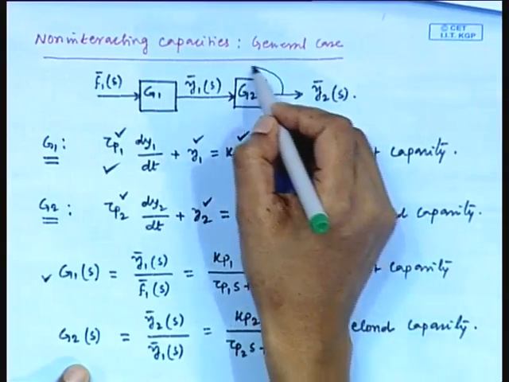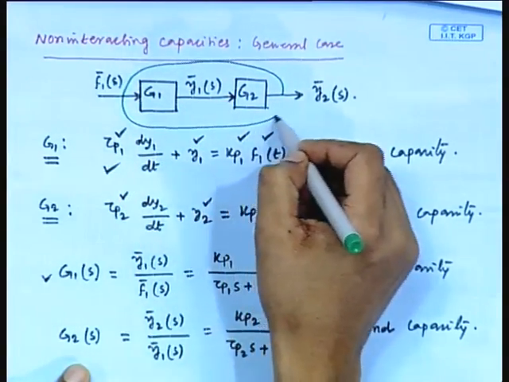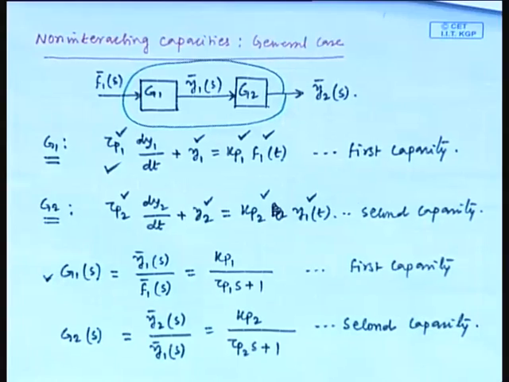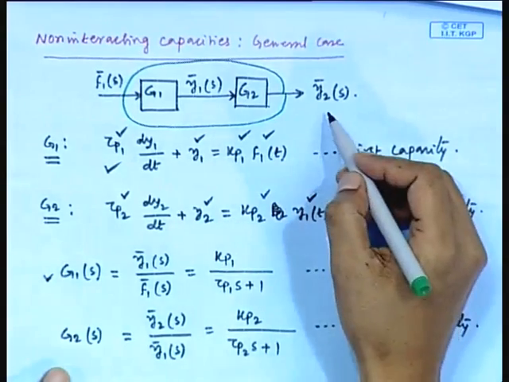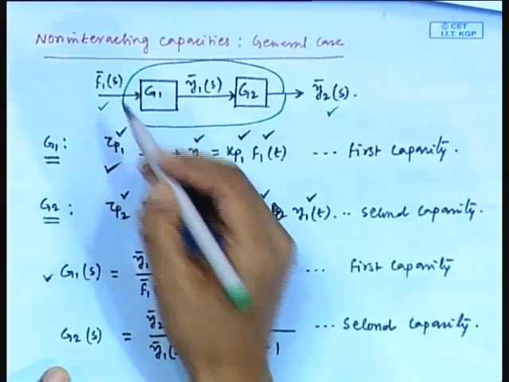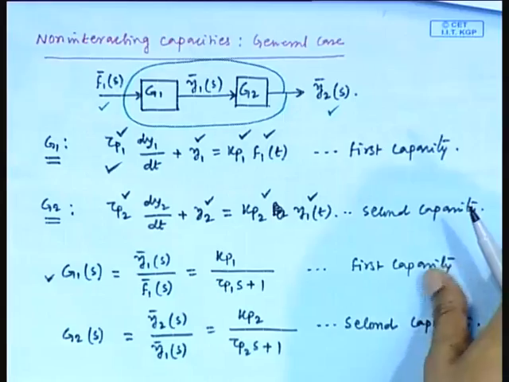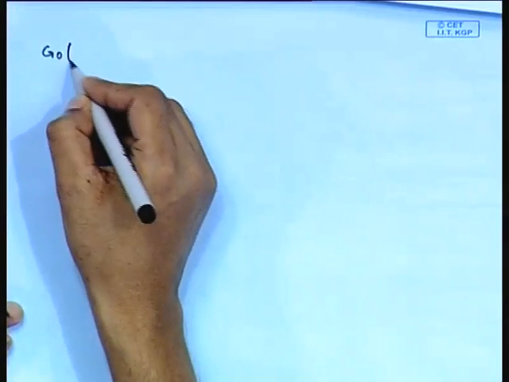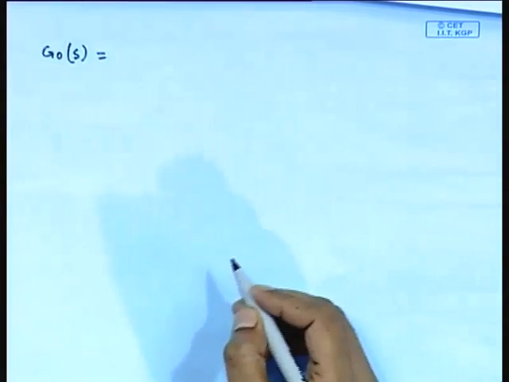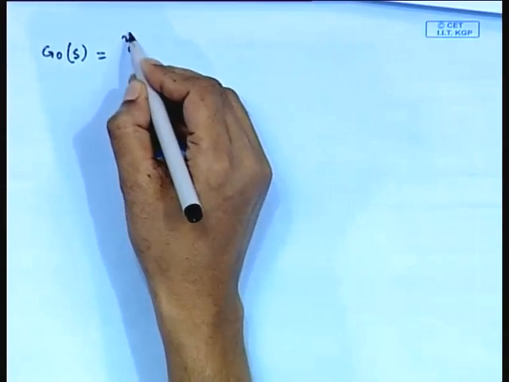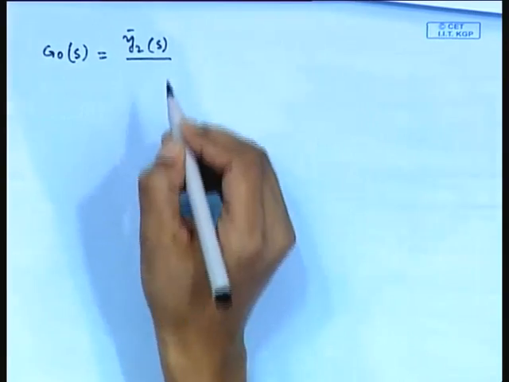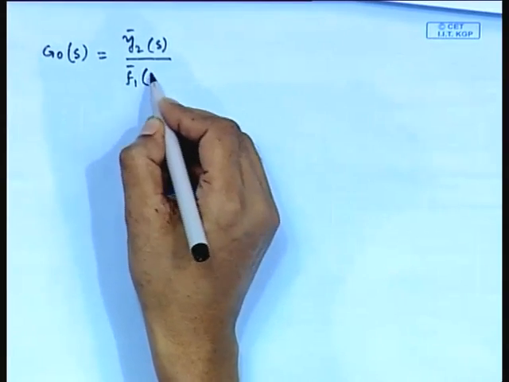If we consider this is a single system, so what will be the overall transfer function? That will be y2 bar(s) divided by f1 bar(s), isn't it? If we represent by G naught(s), G naught(s) equals y2 bar(s) divided by f1 bar(s).